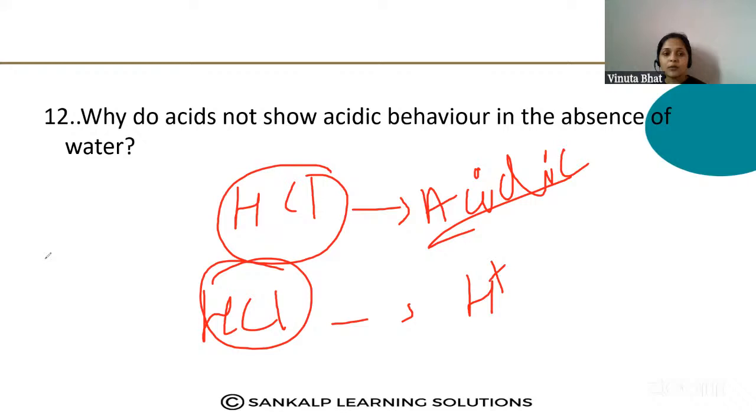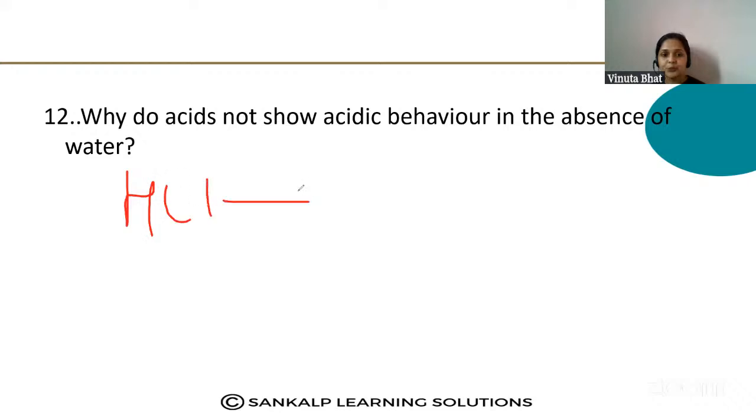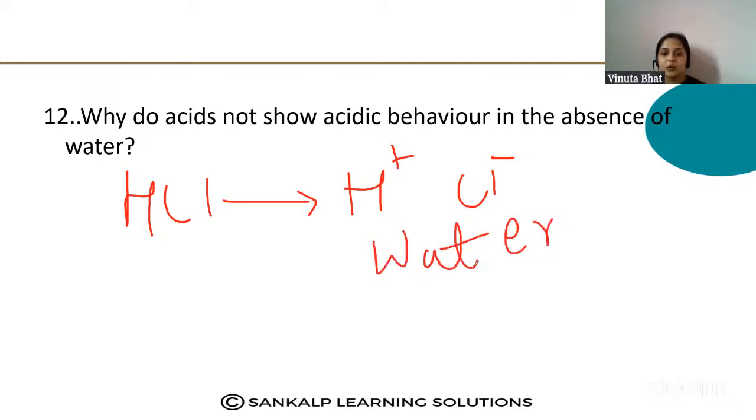For the dissociation, HCl should form H plus and Cl minus ions. This is possible only in the presence of water. Water is required for the formation of these H plus and Cl minus ions. So, in the absence of water, they will not show the acidic behavior.